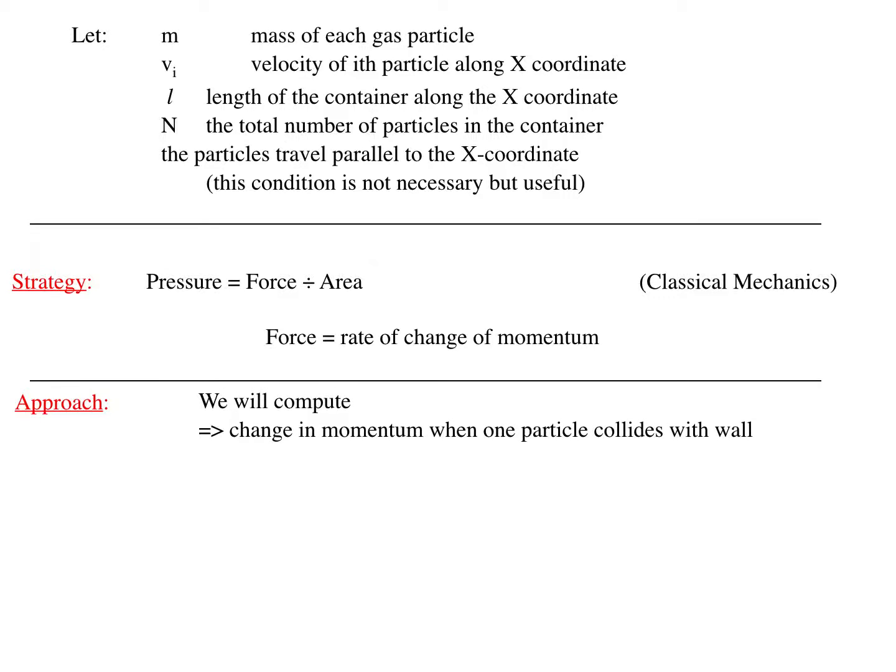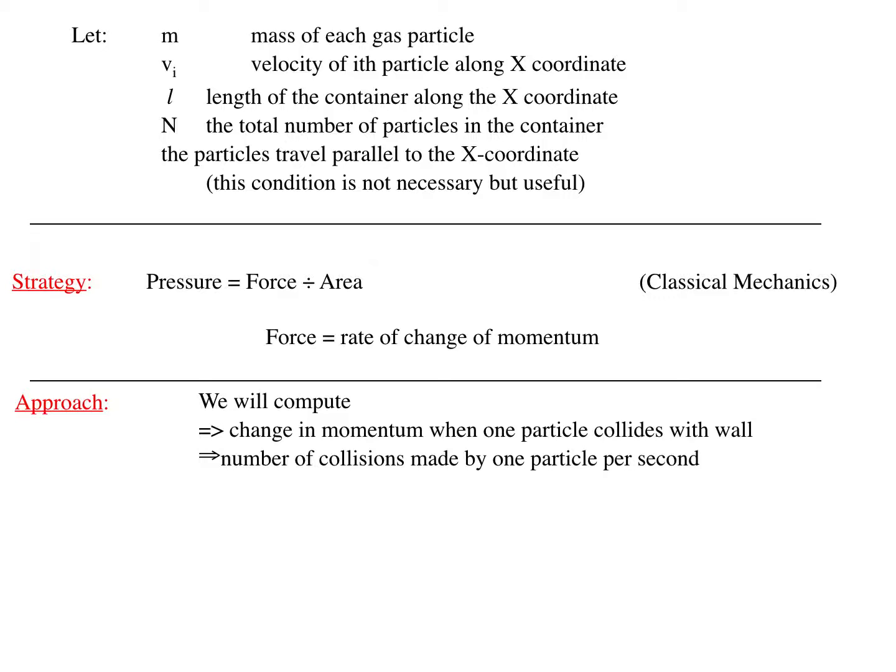We will first compute the change in momentum when just one particle hits the wall. The wall is placed perpendicular to the x-axis with the area of cross-section A, as we defined on the previous slide. Then we're going to calculate the number of collisions made by this particle in 1 second. As the particle bounces back and forth, when it hits the wall, it is moving parallel to the x-axis, and the wall is perpendicular to the x-axis.